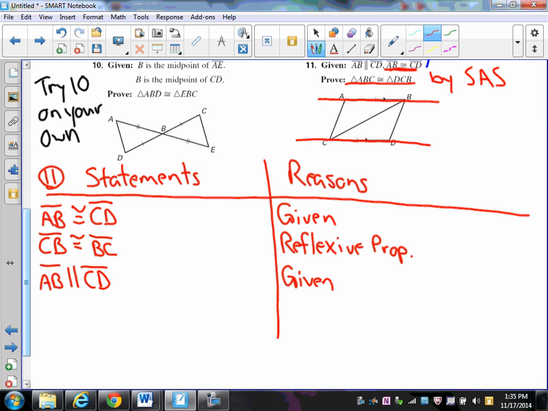And again, let me just trace those lines and show you. Whenever we have CB as our transversal, we have angle DCB congruent to angle ABC.